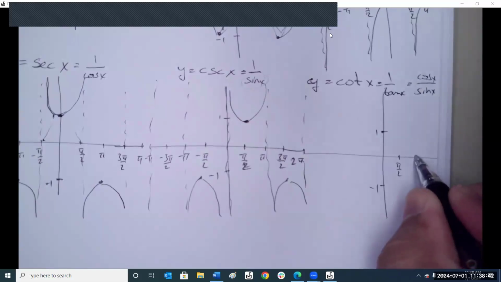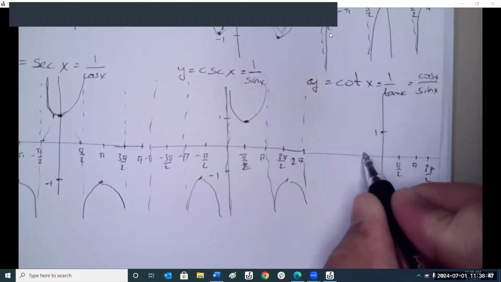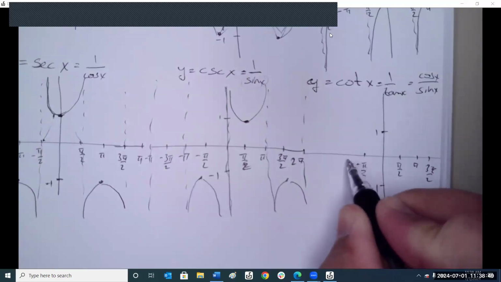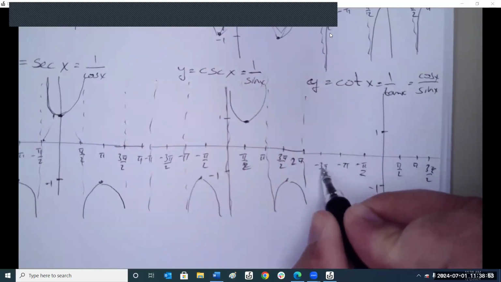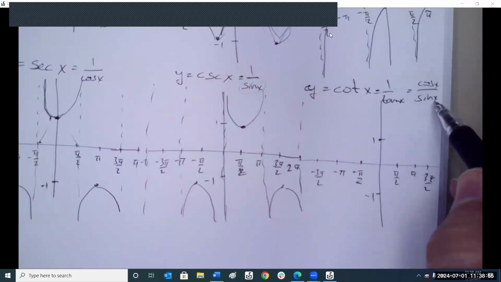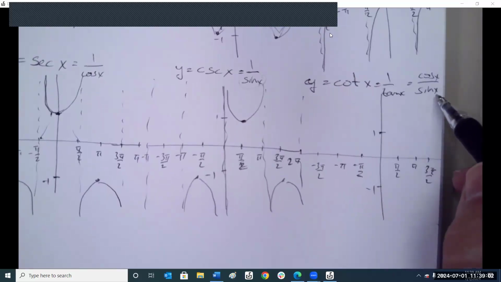And the cotangent function. Anywhere the sine is equal to 0, that's where my asymptotes are.